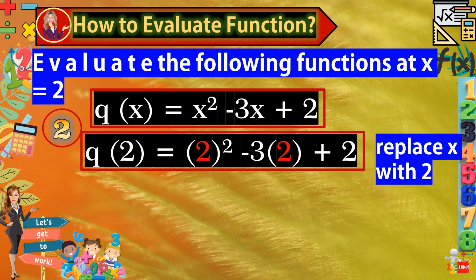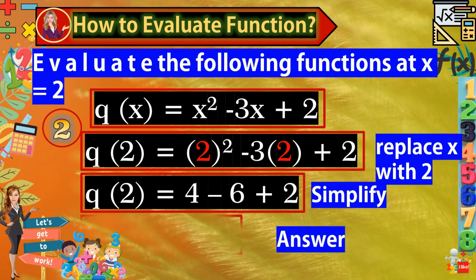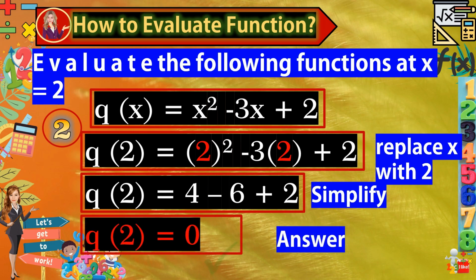You need to replace x with 2. q of 2 is equal to 2 times 2, 4. Negative 3 times 2 is equal to negative 6. Then, copy plus 2. You need to simplify by adding 4 minus 6 plus 2. The answer now, q of 2 is equal to 0.